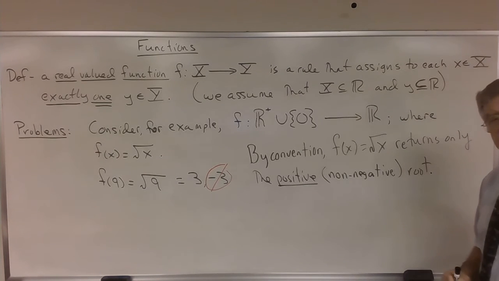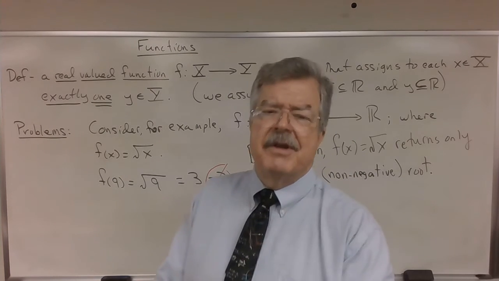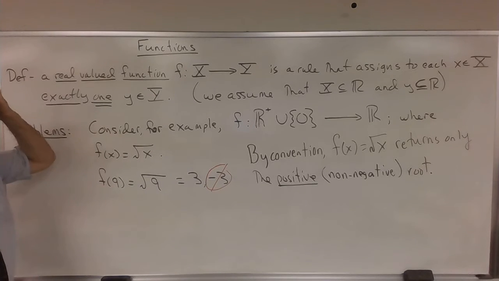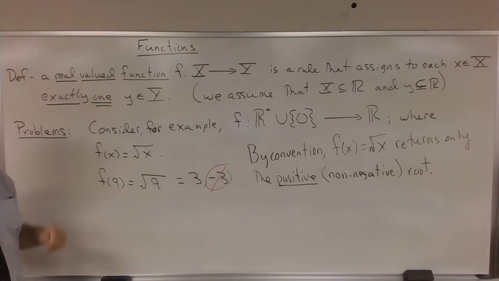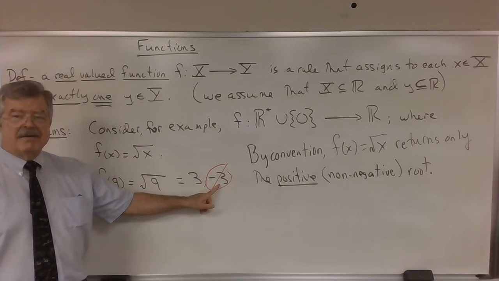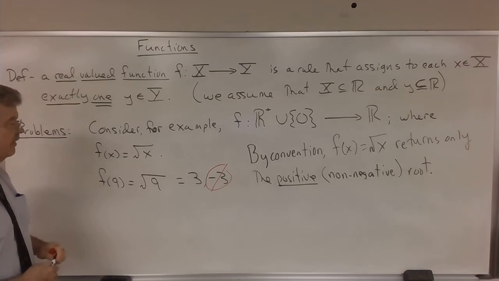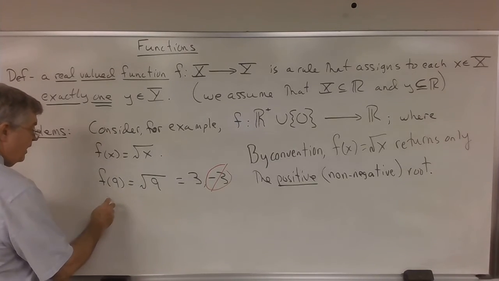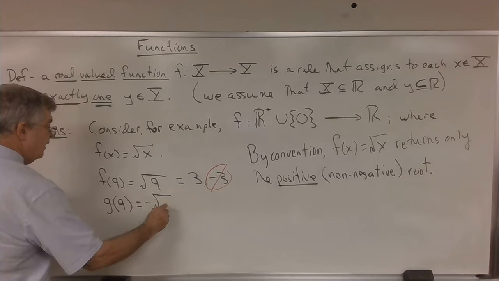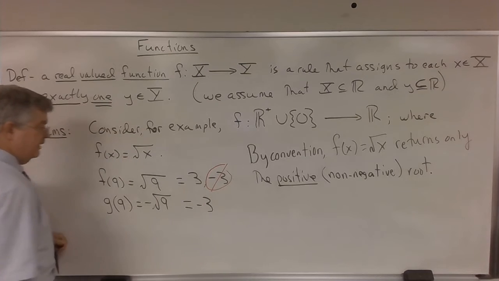And that's all that it can do, because it is a function, and a function only returns one real value for every real value that we plug in. And that's caused some concern among people who will look at something like this and say, but suppose we want the negative root. Well, there's a solution. If we want the negative root, we do this. We stipulate that we want the negative root and that we get negative 3.